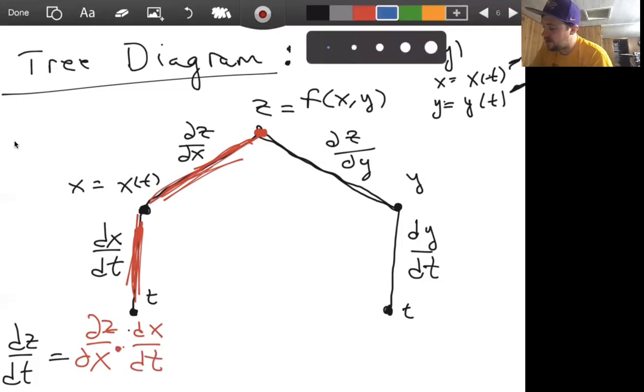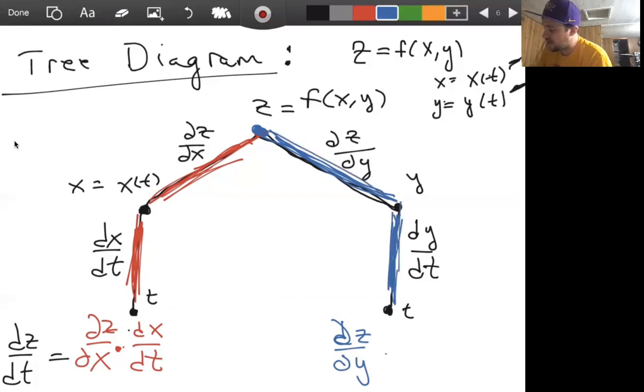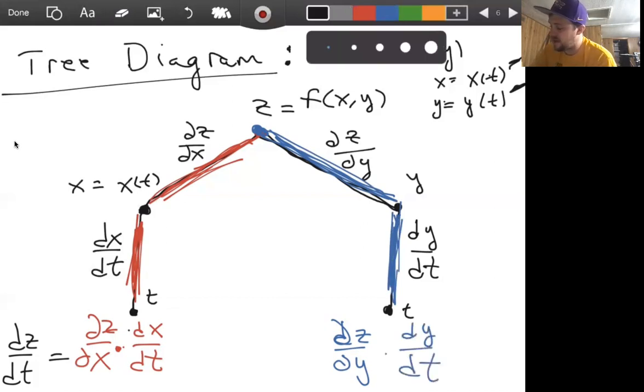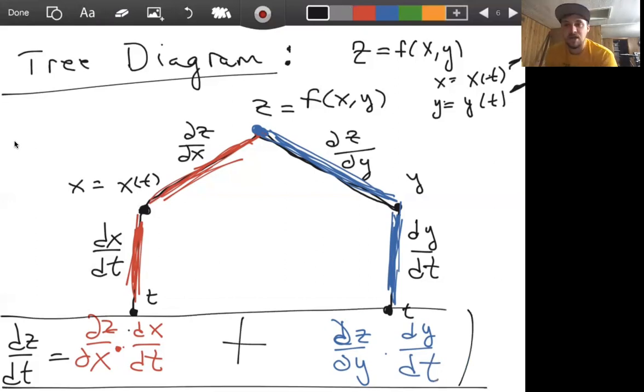And then we can do the same thing. If we start back at the top of the tree, we go down the branch on the right side, we travel along partial z, partial y, and then we travel down the second branch of this section of the tree, and the second branch was dy dt. And now if you take the sum of all the separate paths you took, you get precisely the multivariable chain rule.